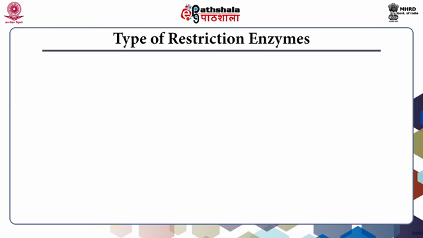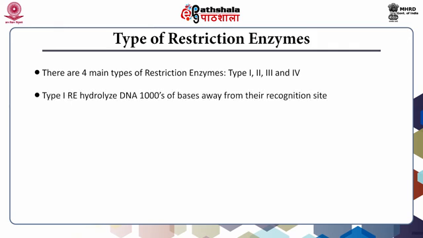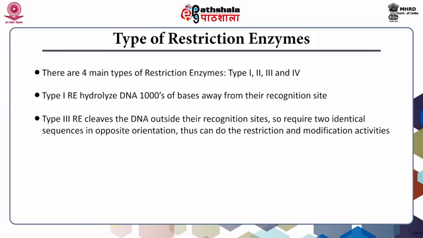Types of restriction enzymes. There are 4 main types of restriction enzymes, types 1, 2, 3, 4. Type 1 restriction enzyme hydrolyzes DNA thousands of bases away from their recognition site. Type 3 restriction enzymes cleave the DNA outside their recognition sites, so require 2 identical sequences in opposite orientation, thus can do the restriction and modification activities.